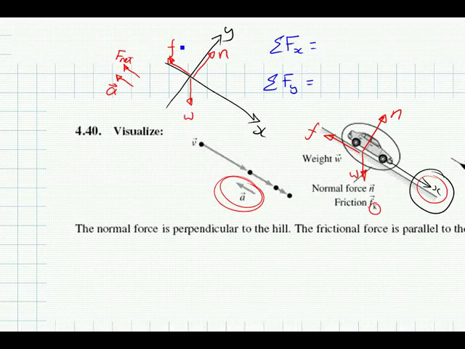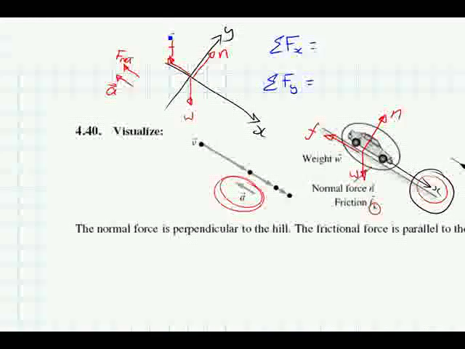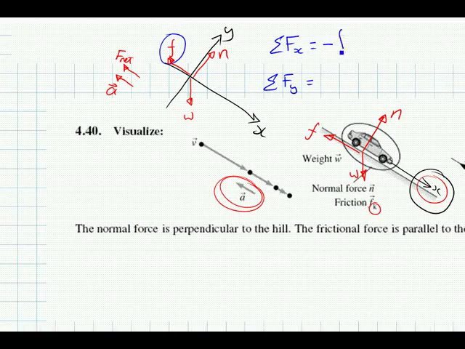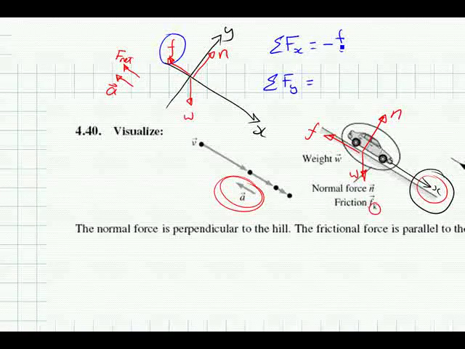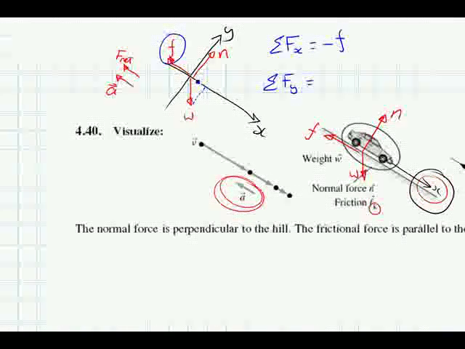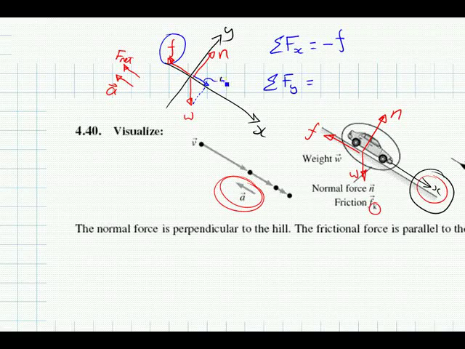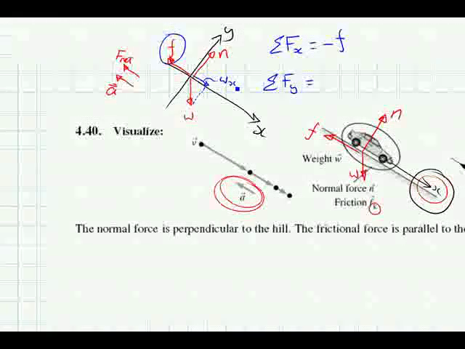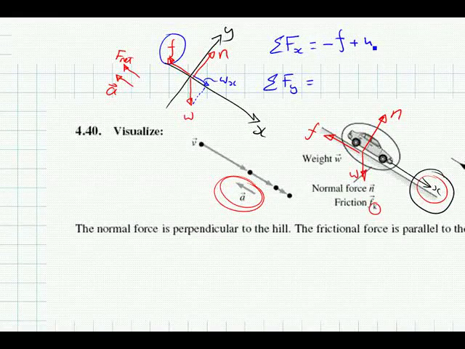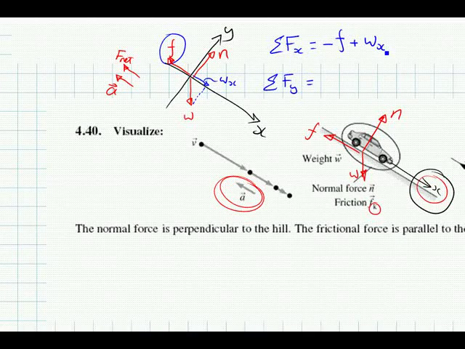So what are the sum of the forces in the X direction? Well, the first force that I have is F. It's pointing in the negative X direction, so that's minus F. And then the other force that is acting along the X direction is the X component of W, Wx. So that will be plus the X component of weight.